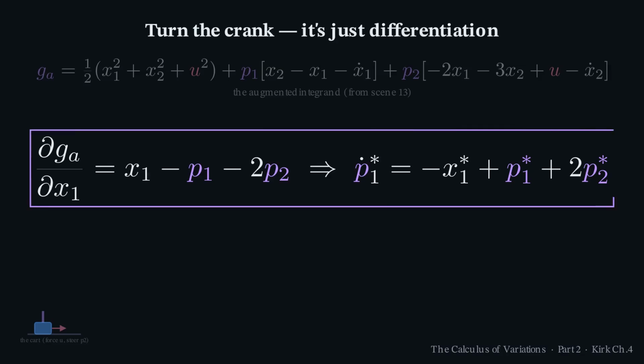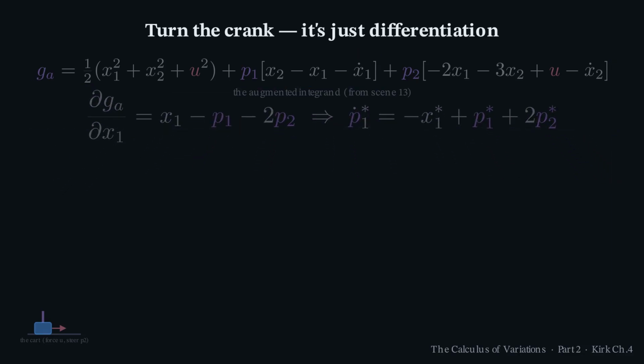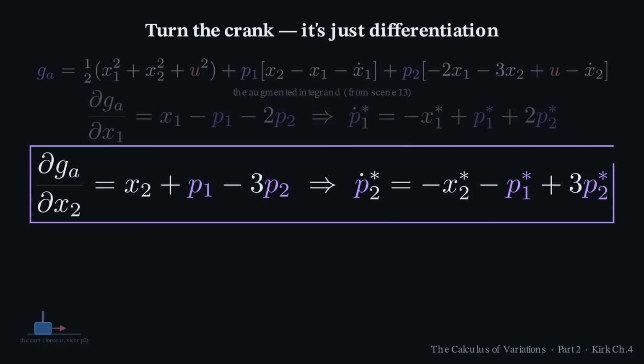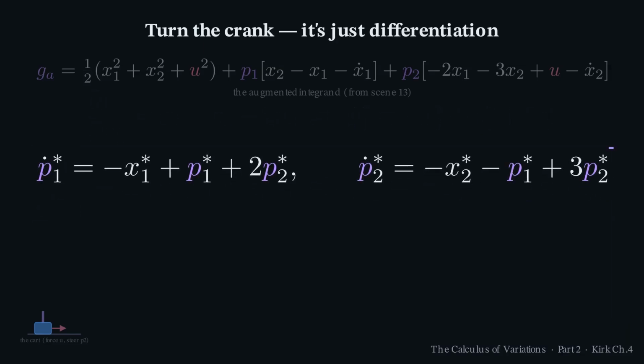Flip the sign and there is the first costate equation. P1 dot star equals minus x1 star plus P1 star plus 2 P2 star. Same for x2. Find it everywhere, differentiate, flip the sign, and out drops P2 dot star equals minus x2 star minus P1 star plus 3 P2 star. We didn't guess these, we differentiated.